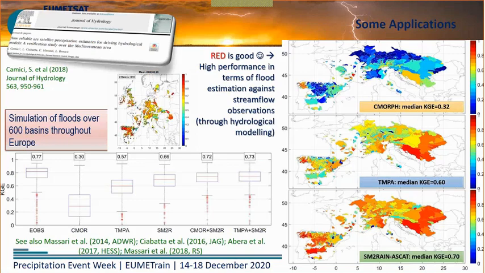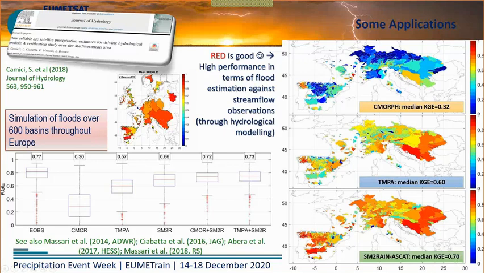This is the last part of my presentation, and I just want to show you a couple of applications of this data. Here you can see the results of a study we carried out over 600 basins throughout Europe. We use a rainfall runoff model to simulate river discharge, and we test different satellite rainfall products as input, along with using an observed dataset as benchmark.